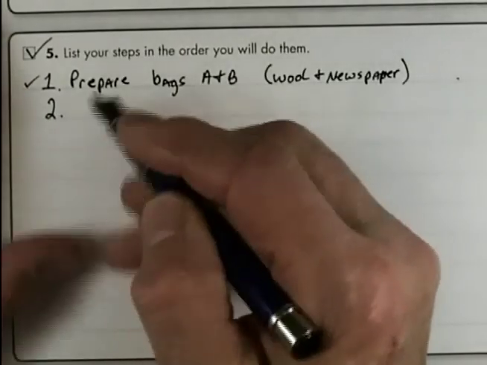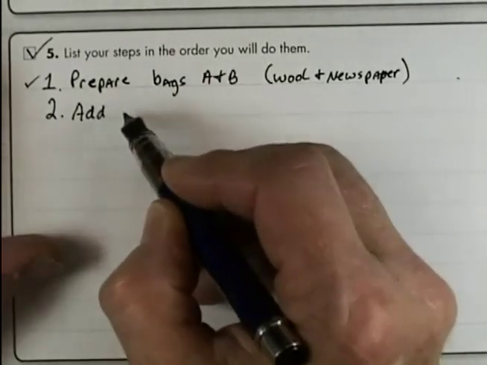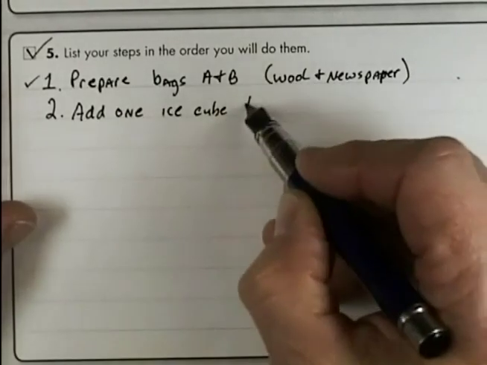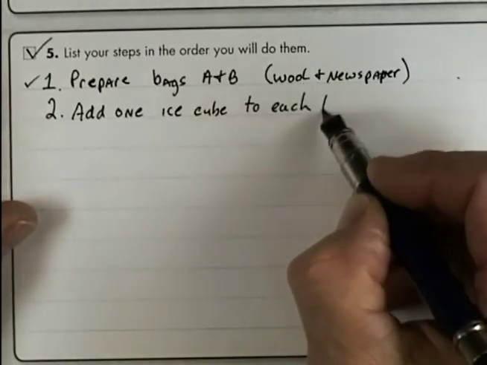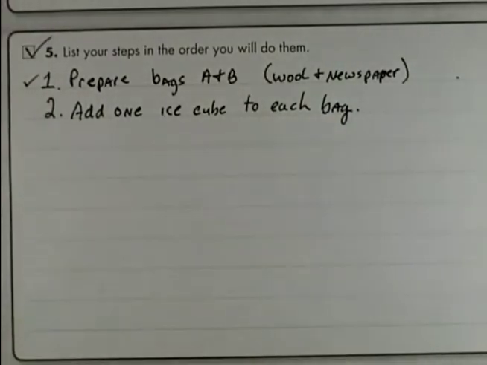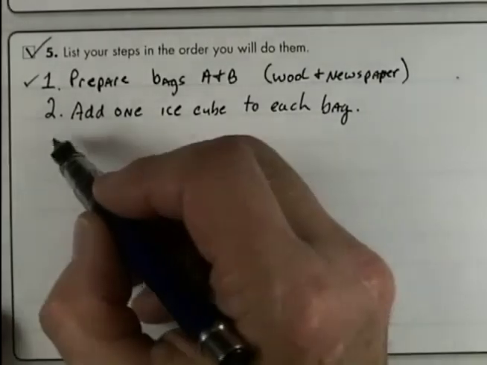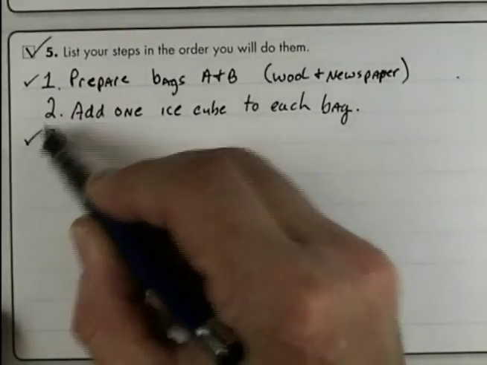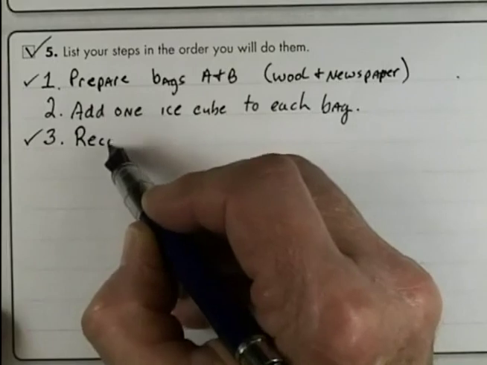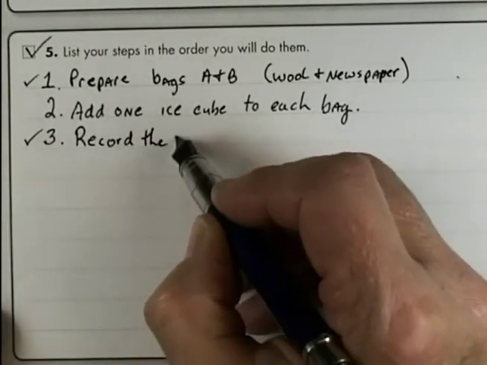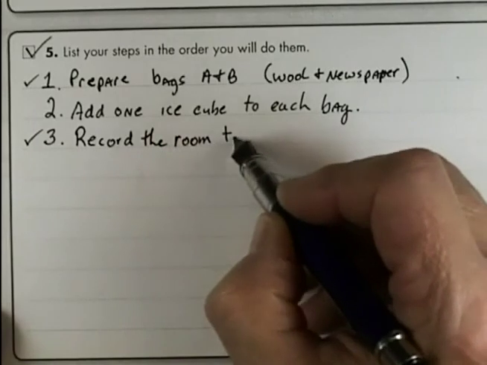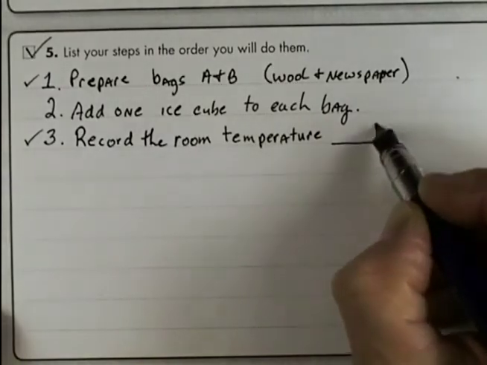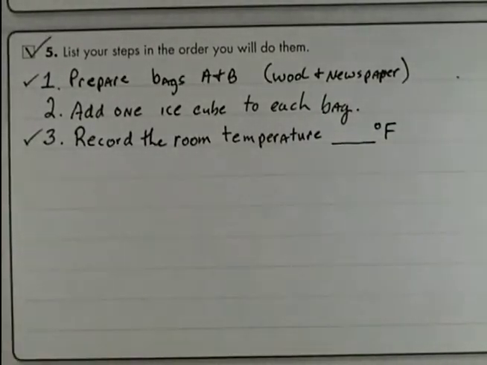Step two, I'm going to add one ice cube to each bag. We haven't done that yet. I'll get the ice in just a minute. Step three, which you've already done, you're going to record the room temperature in degrees Fahrenheit. And you've already done that.